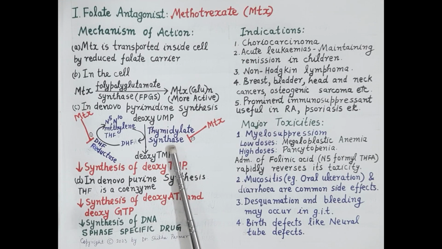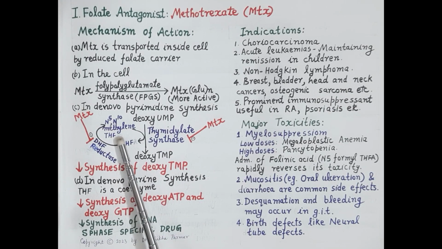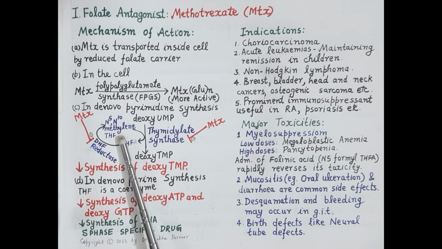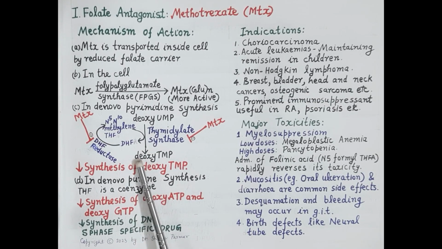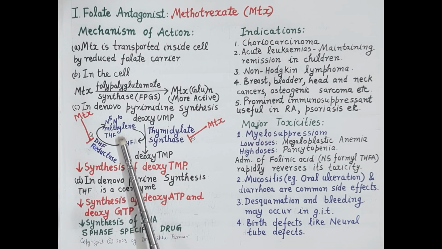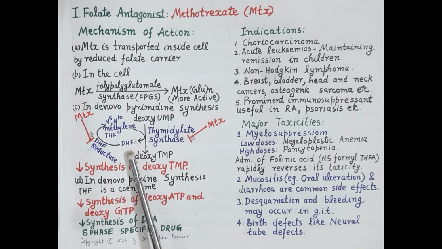Now, besides this enzyme, during this reaction, a cofactor, that is N5N10 methylene tetrahydrofolate, is very essential. And during this reaction, this cofactor, that is N5N10 methylene tetrahydrofolate, is converted into dihydrofolate.